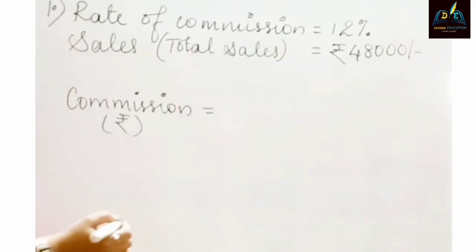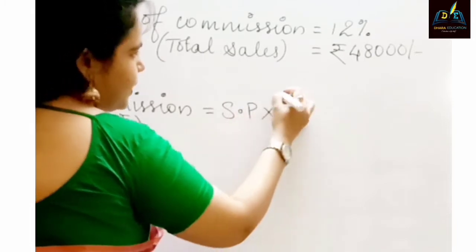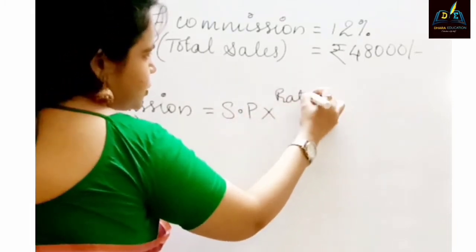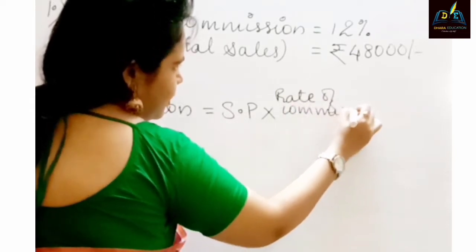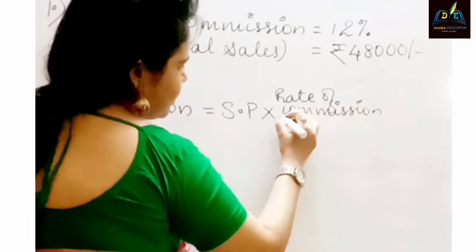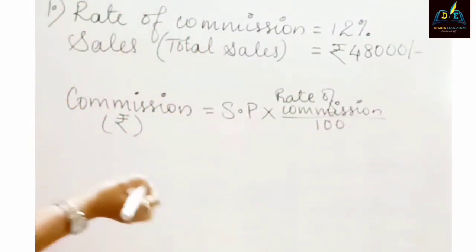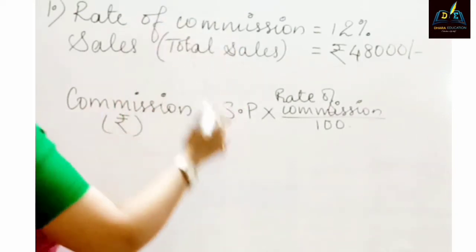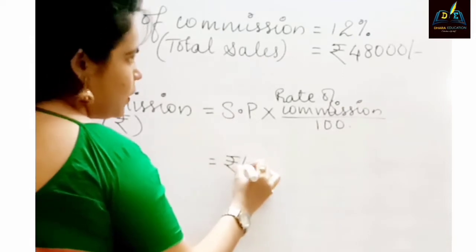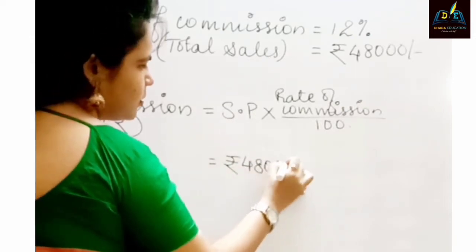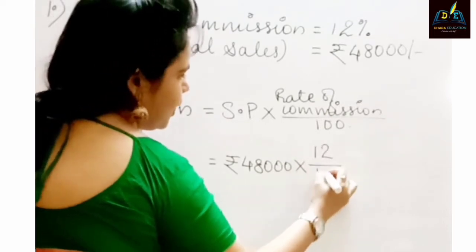The formula is SP, that is selling price, multiplied by rate of commission upon 100. Now we substitute the values properly and neatly: 48,000 multiplied by 12 upon 100.